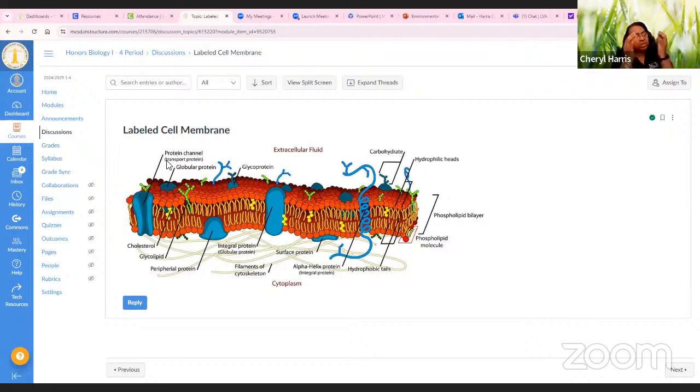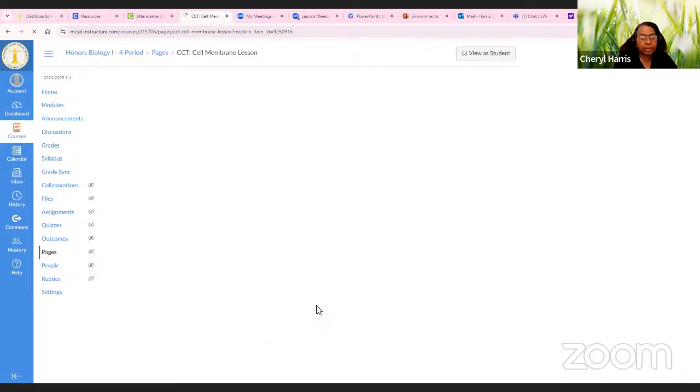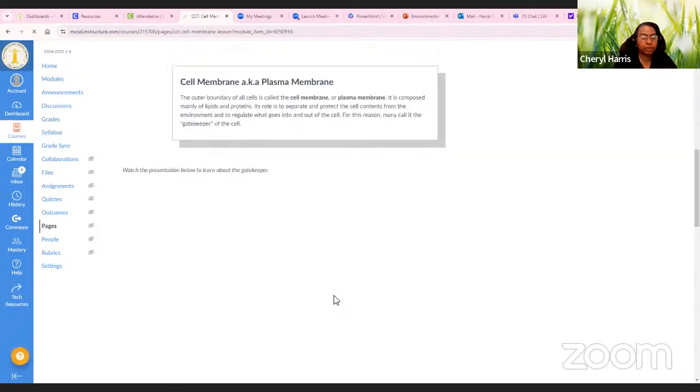It's not just a glob in the cell, it actually has a job to open and close and allow larger molecules to pass through, selecting what it wants to come in and what it doesn't want to come in. So that is the answer key to the diagram on the other page.